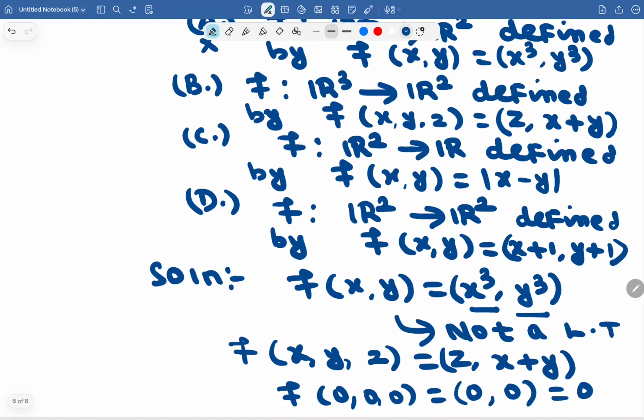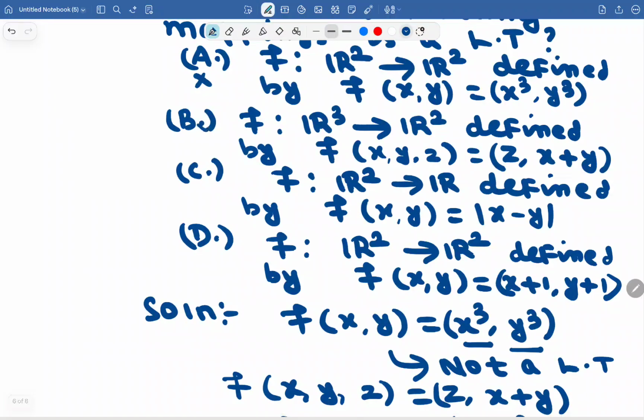Therefore, for proving any mapping is a linear transformation, straight away if you give 0 values for x, y, z, if you get f of 0 as 0, then we can say it is linear.